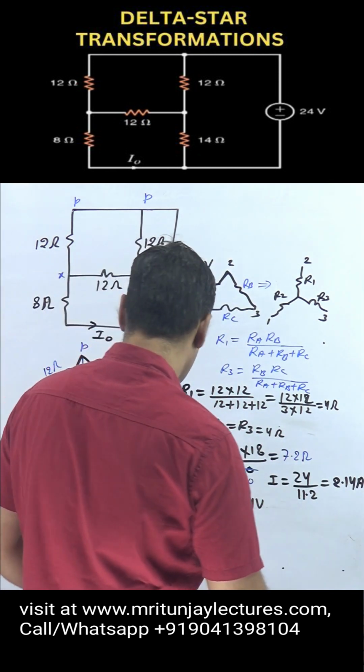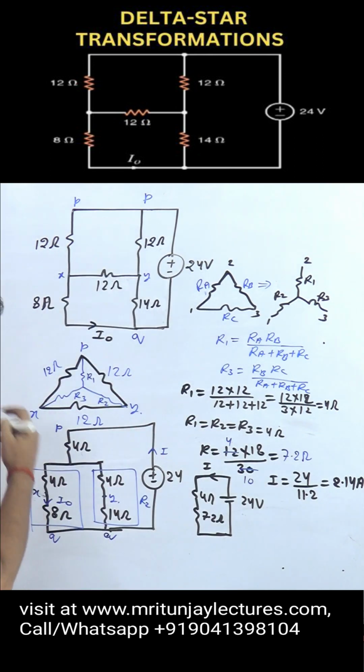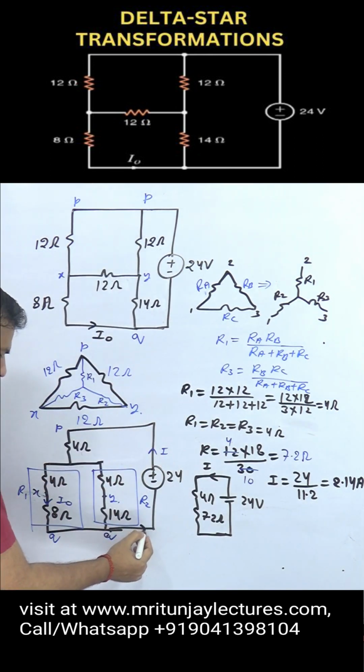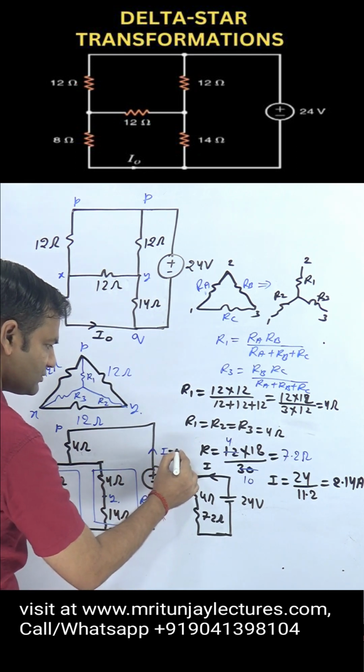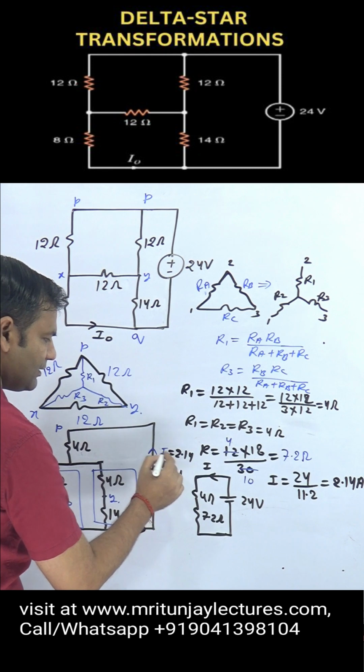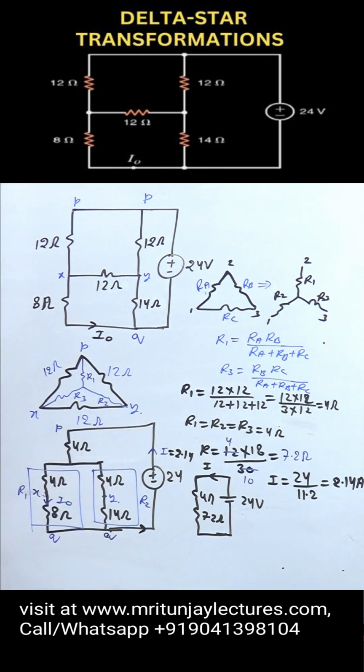Very simple. So what about the current? The current leaving from here is 2.14 ampere. Clear or not? Our motto is to determine the current in this branch. So here apply the current divider rule.